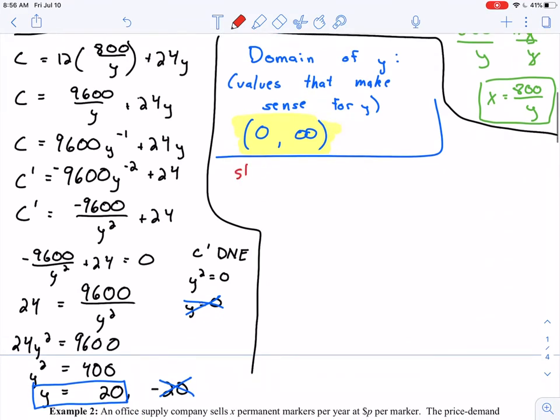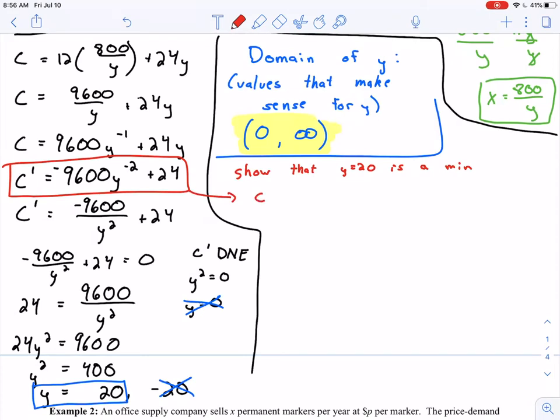So now I'm going to show that y equals 20 is a minimum. That's what I need to do next. Here's my first derivative. I'm going to take the derivative of that guy.